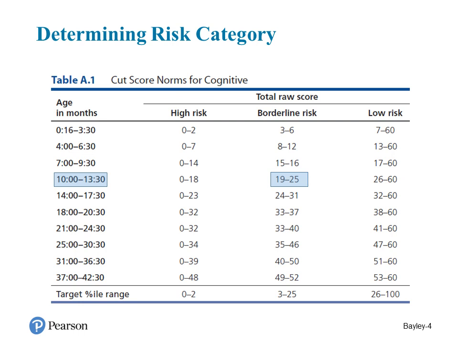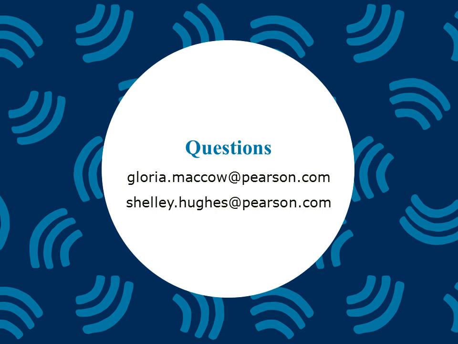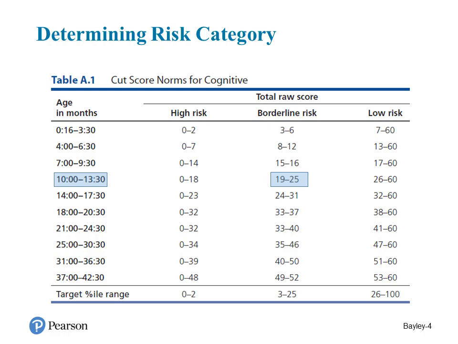Okay, yes, thank you. One of the things I like to look at with these risk categories is the actual cutoff scores. Let me get back to that slide here. For this child who's 13 months, her score is 23, which falls in the borderline risk category.